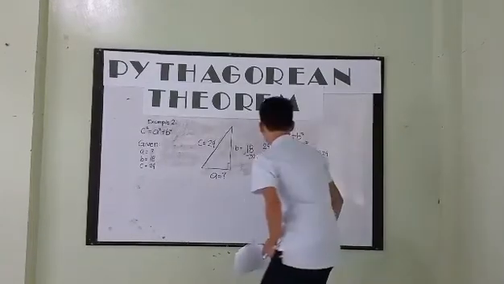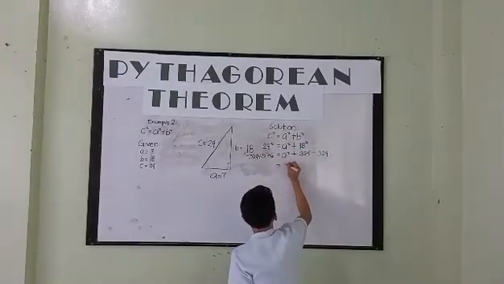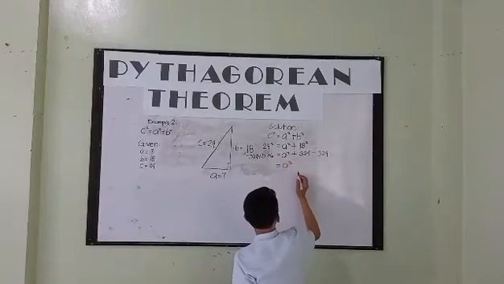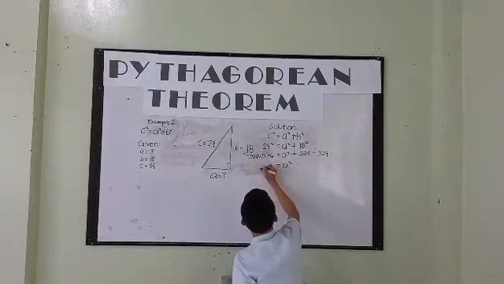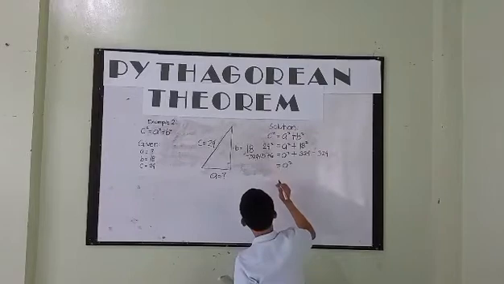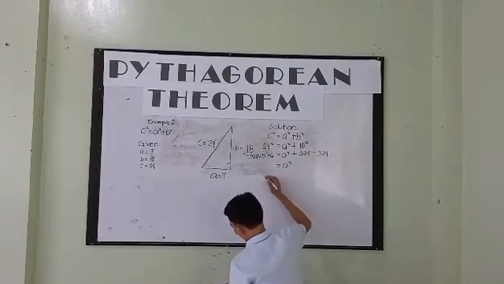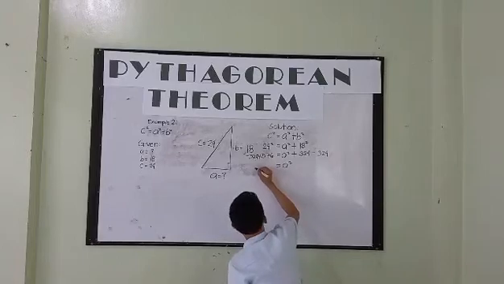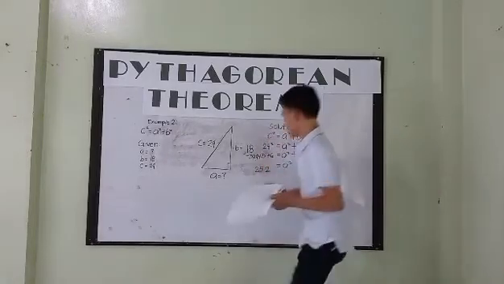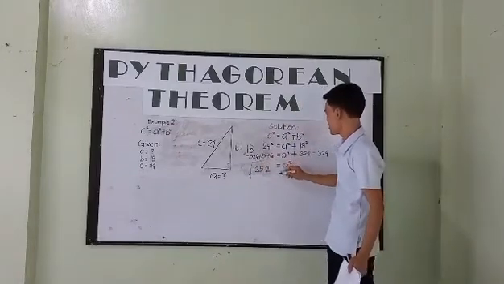So we have here a squared, then 576 minus 324 is equal to 252. So next, take the square root of both sides.